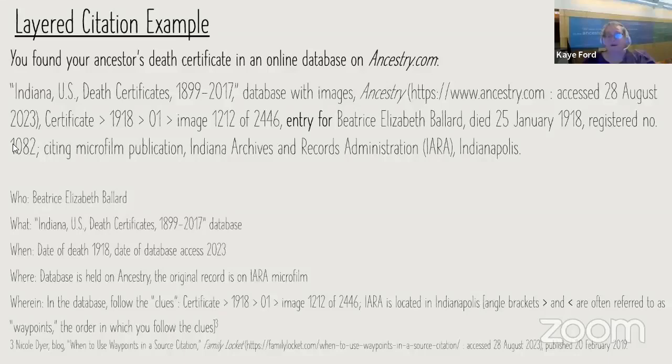This is the way I write my layered citation. You can actually take this information, certificate 1918 and 01, and add it to the end where you cite the microfilm publication.